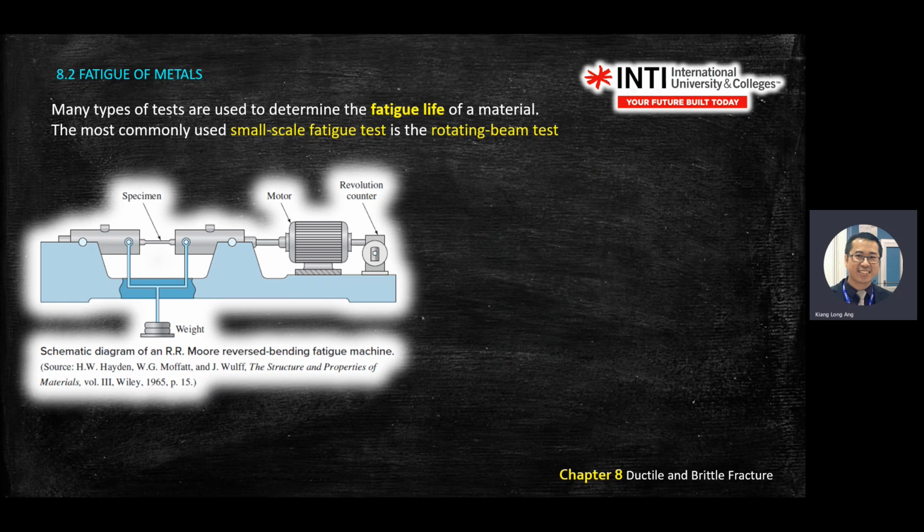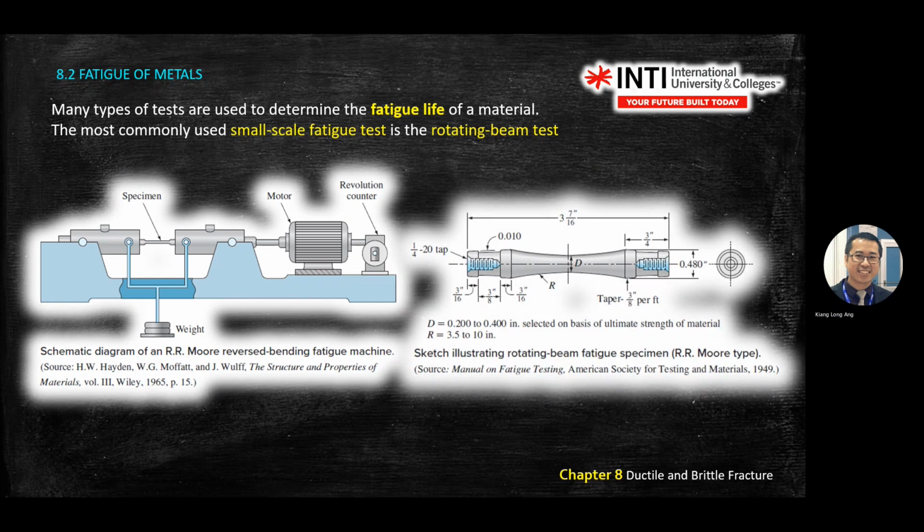You still remember? Then you turn on the motor and there's a counter. Your sample is a bit different, but we are focusing on the same thing, the taper size over here, as in the lab sheet.